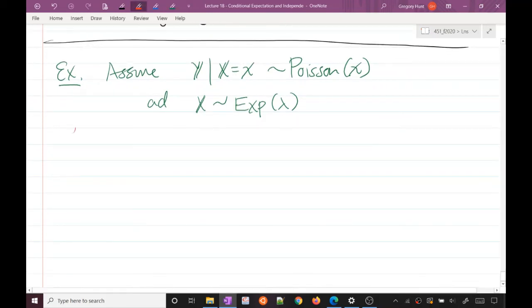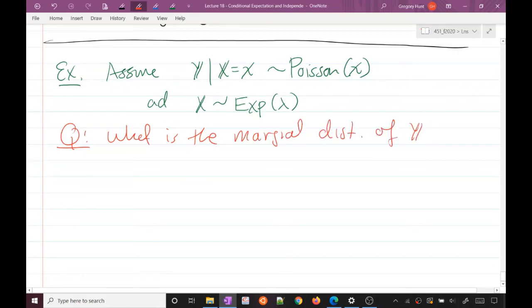And a great question here is, what is the marginal distribution of y? If I do this process, first I generate an exponential, and then given what I've generated, I generate a Poisson with parameter given by the exponential I generated. That seems like a really complicated problem, but we actually have the tools to solve it now.